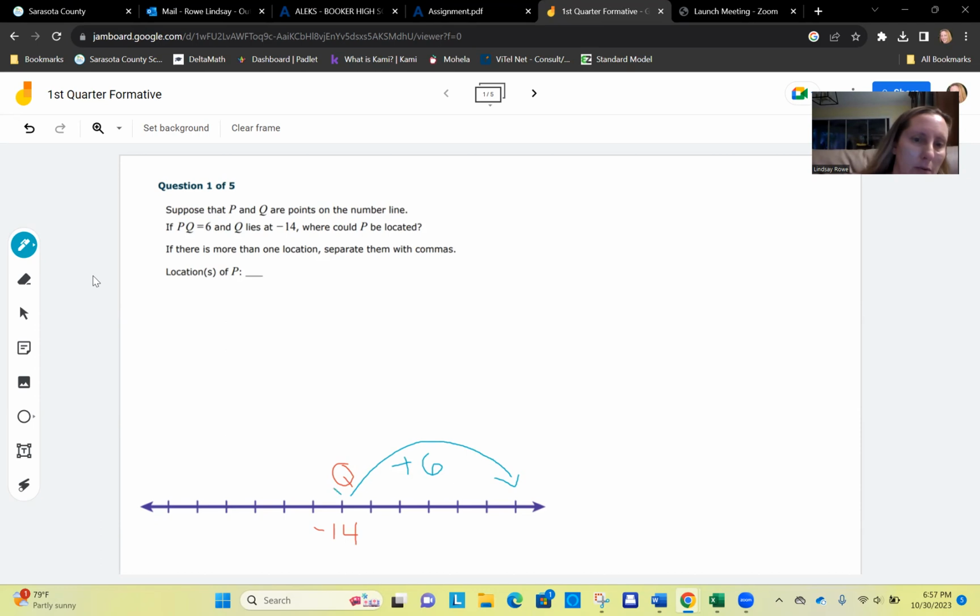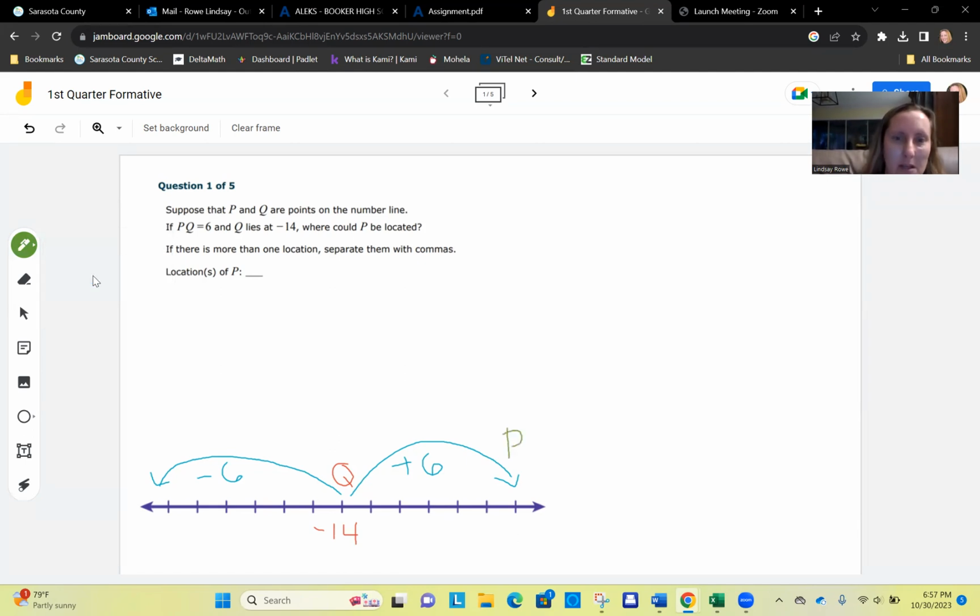So I'm going to move here 1, 2, 3, 4, 5, 6. So if I move -6 units, where do we end up? So -14 plus 6, and 1, 2, 3, 4, 5, 6, I did manage to move 6 units to the right. So if I owe you $14 and I pay you back $6, how many dollars do I still owe you?